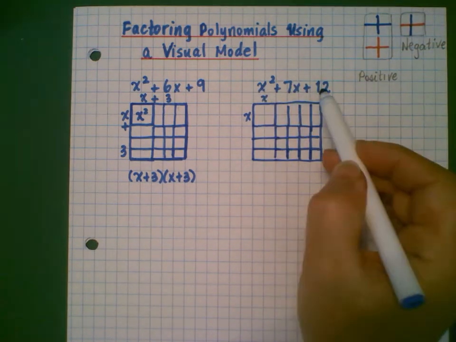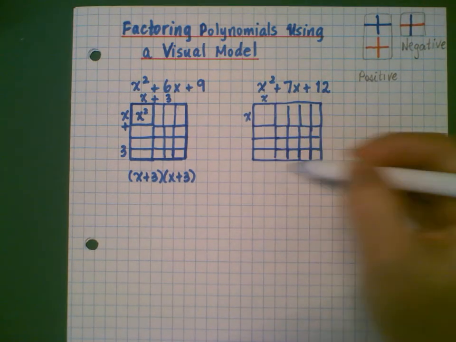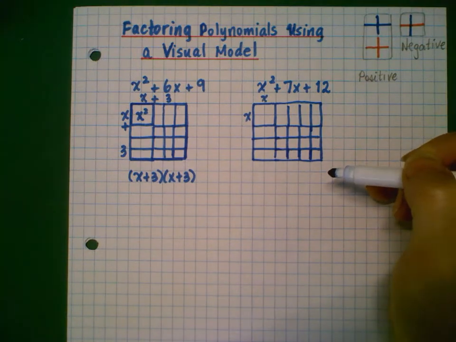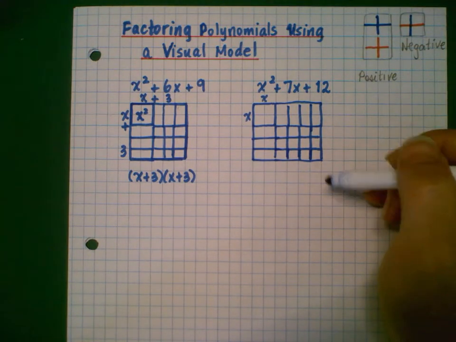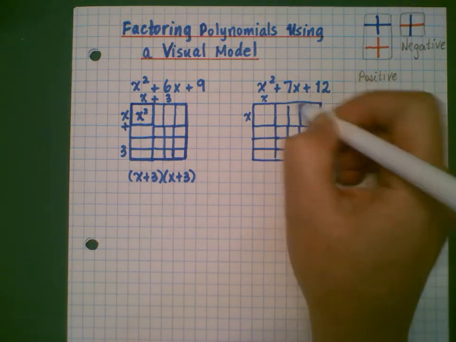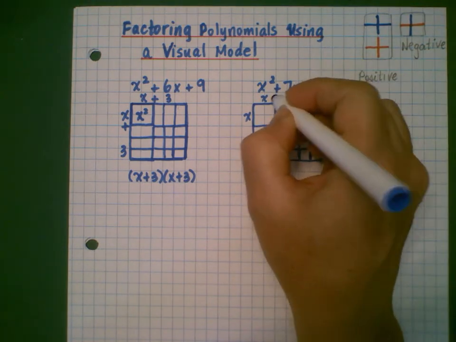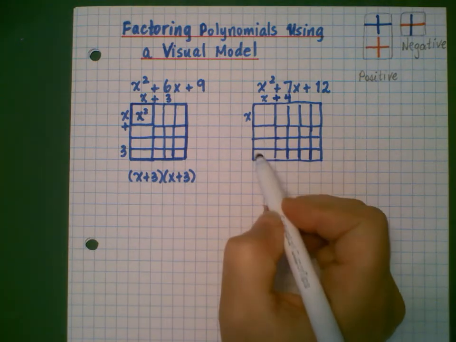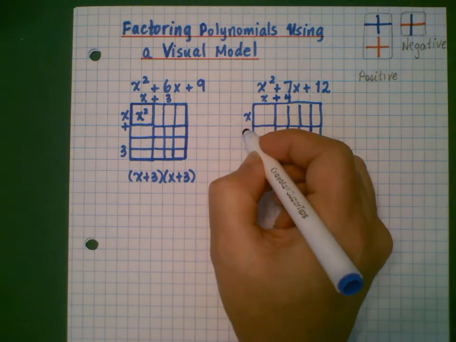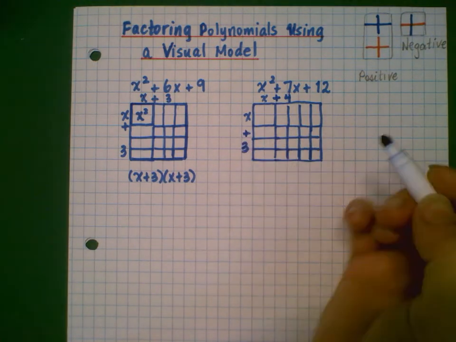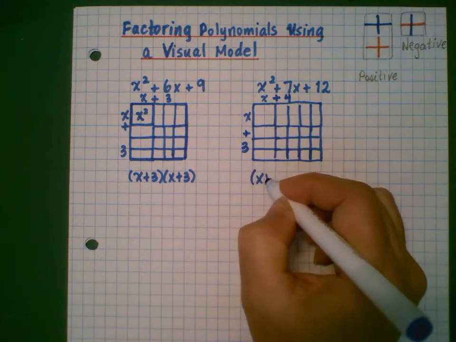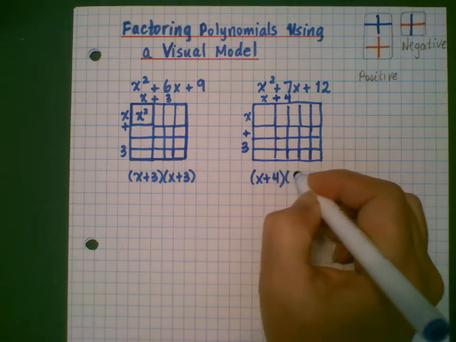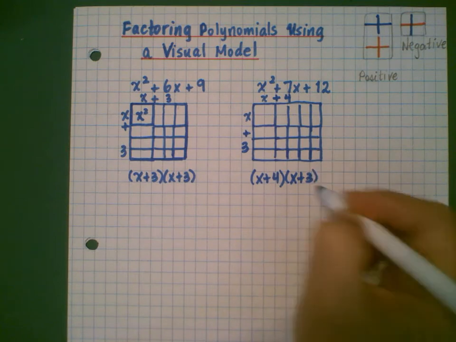So that is my trinomial that's been represented. It makes a nice grid. It makes a rectangle. Therefore, it is factorable. I've got 4 bars across the top, and they're all blue, so that's x plus 4. I've got 3 bars coming down the left-hand side, so that's x plus 3. So my factors are x plus 4, x plus 3.